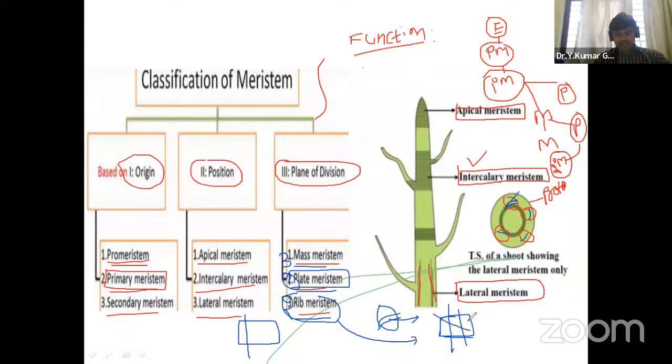This is anticlinal division. In rib, it is periclinal division.